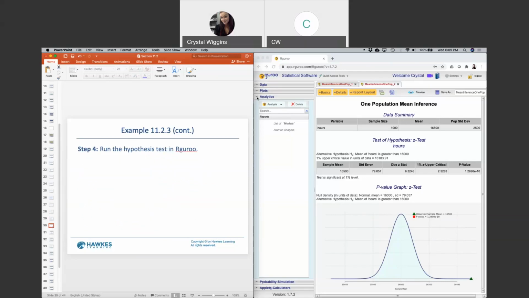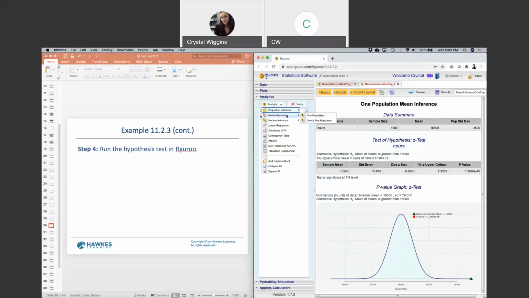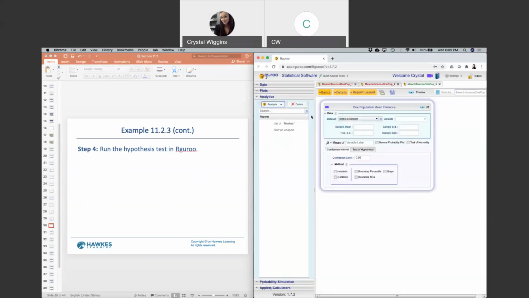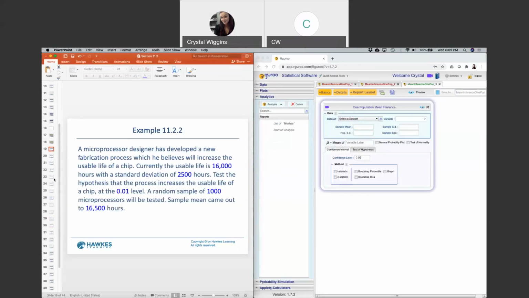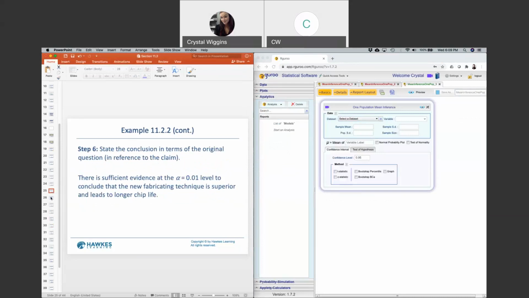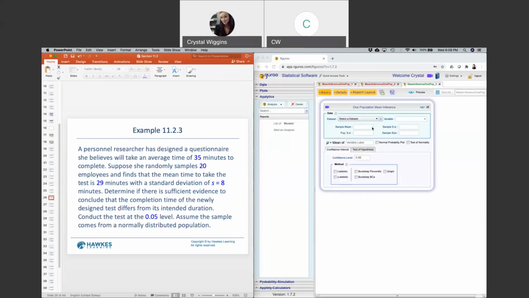So I'm going to go to Analytics and Analysis, Mean Inference, one population. I do not have a data set again, but I have a sample mean, which I will get from the original problem here. Here we go. My sample mean is 29 minutes.